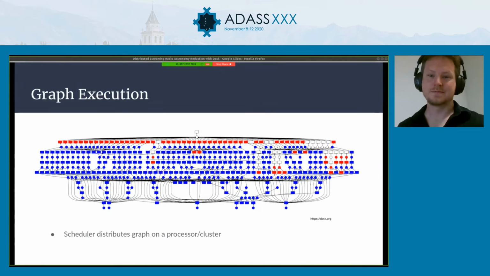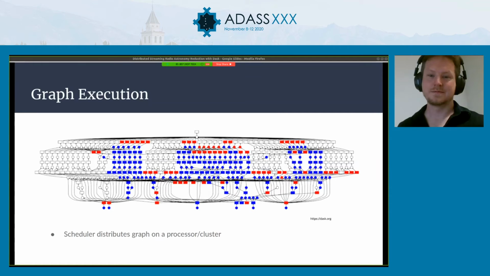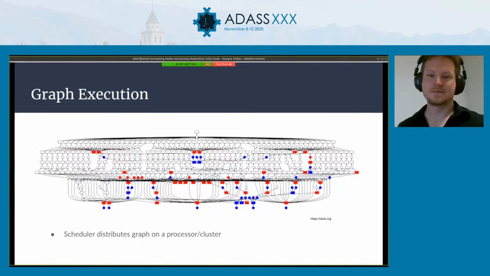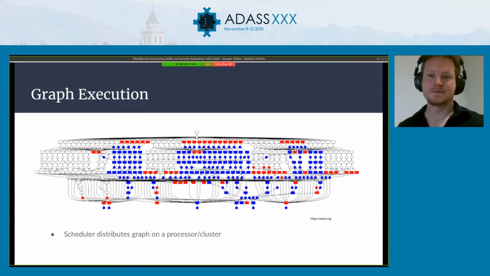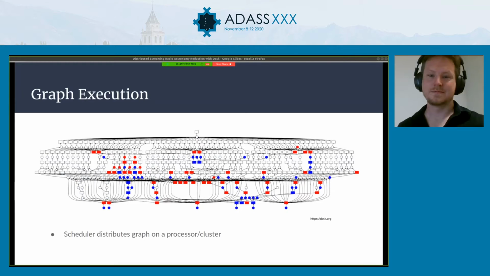So we construct these graphs and then we hand them over to what are called schedulers in order to execute them. Now in this diagram, graph nodes are tasks, red nodes are currently executing tasks, while blue nodes are tasks that are complete or finished. And the thing to note about this diagram is that task dependencies induce an ordering in which tasks must be executed.